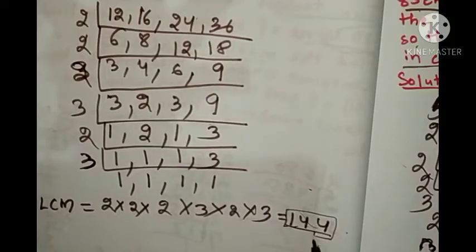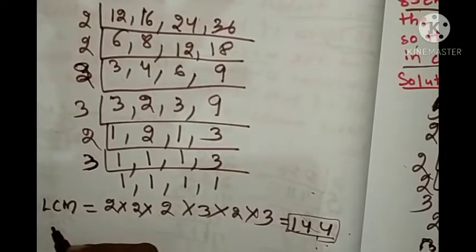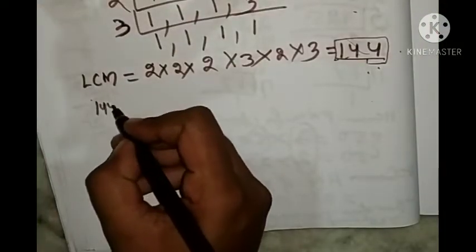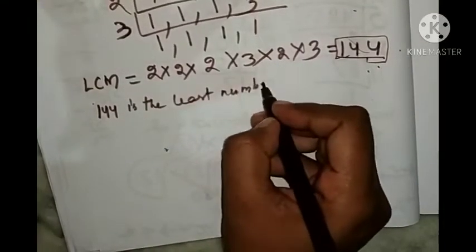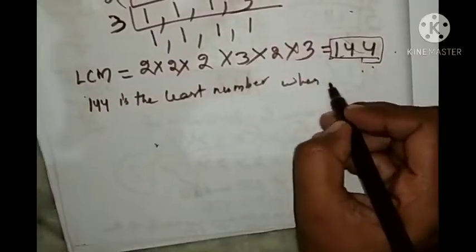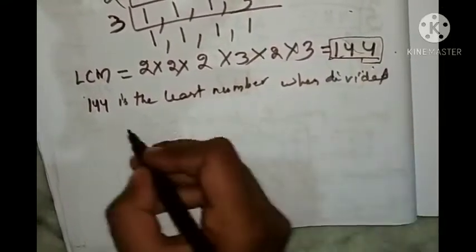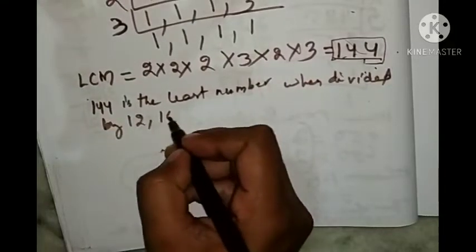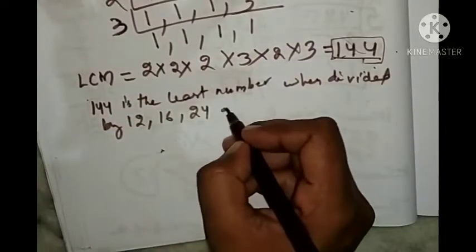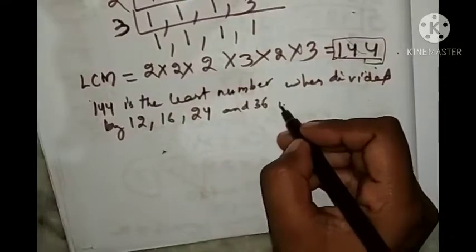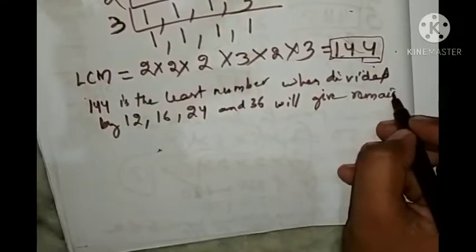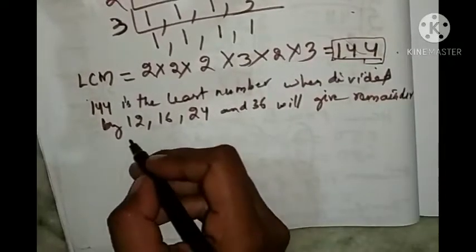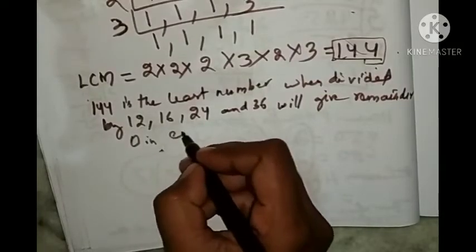We will add 7 to this number. First we will write that 144 is the least number which when divided by 12, 16, 24 and 36 will give remainder 0 in each case.